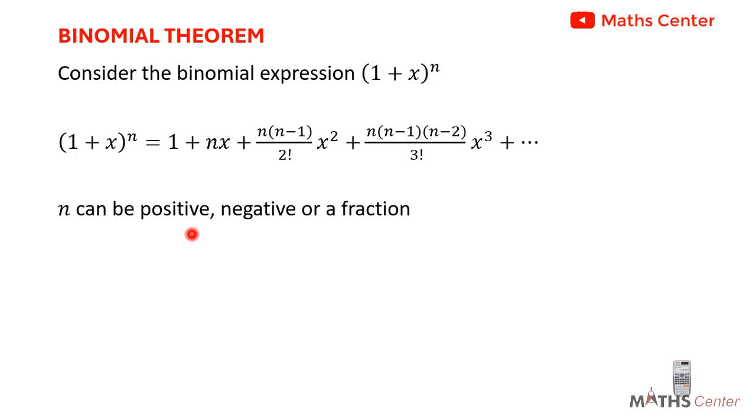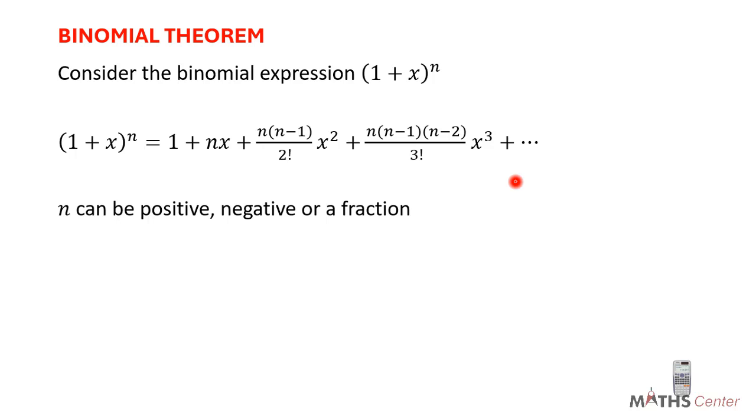If you have a binomial expression of this nature, 1 plus x exponent n, then the binomial expression can be expanded as 1, which is the first term, plus nx, which is the second term, plus n times n minus 1 divided by 2 factorial x squared, which is the third term, plus n times n minus 1 times n minus 2 divided by 3 factorial x cubed, which is the fourth term, and the order continues on and on.